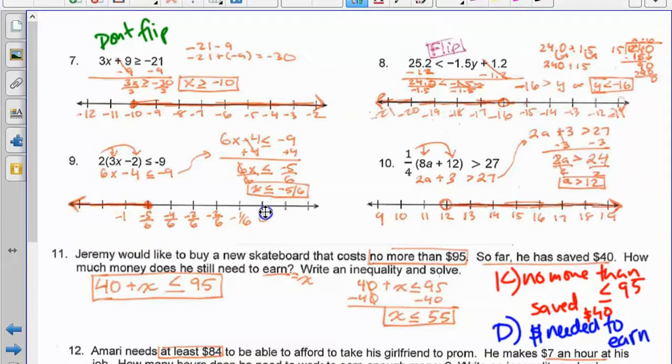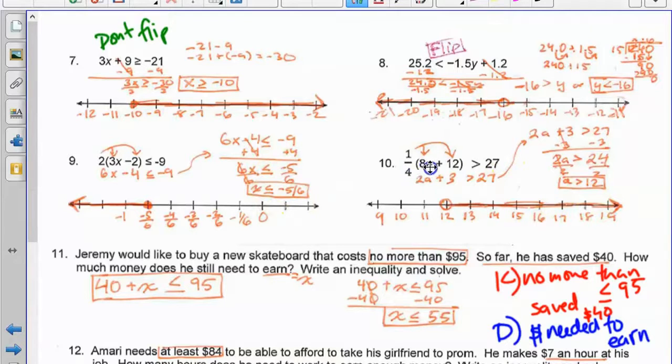I went ahead and used these as fractions. Both of them are okay. If you use 0.8, that's okay. Negative 0.8, as long as it's a closed circle, shade to the left, I'm okay. Just keep in mind, I'd rather you keep it as a fraction in this case, but it's okay.